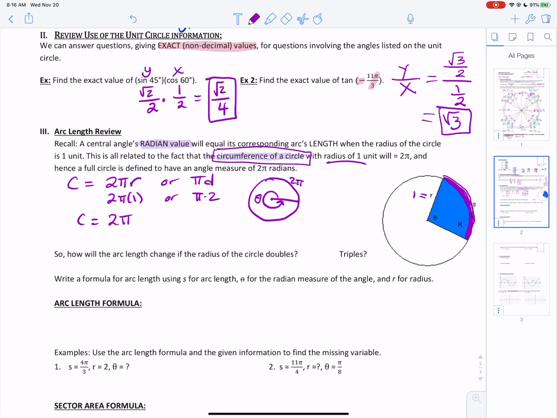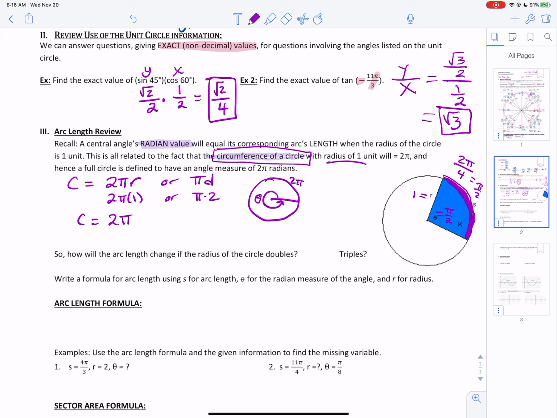So this arc length right here that I've highlighted and labeled S would only be a quarter of 2 pi, a quarter of our circumference. So we would get pi over 2. They've defined a radian as being equivalent to that circumference value. So the central angle there, that theta, would be pi over 2. Remember theta stands for an unknown angle.